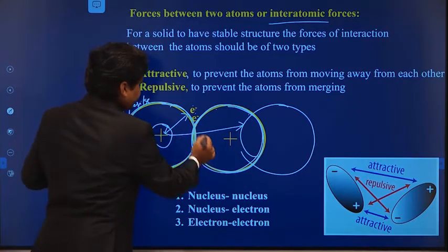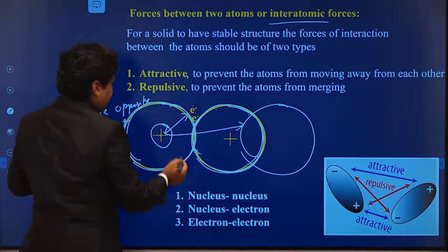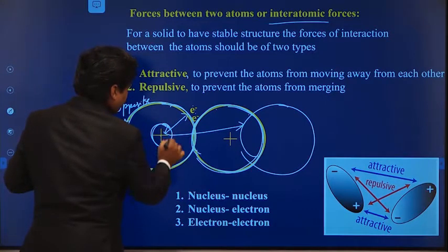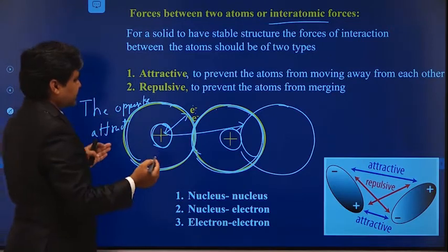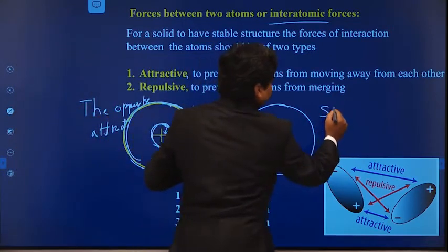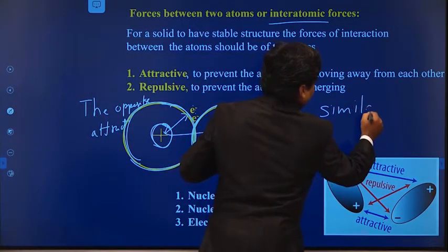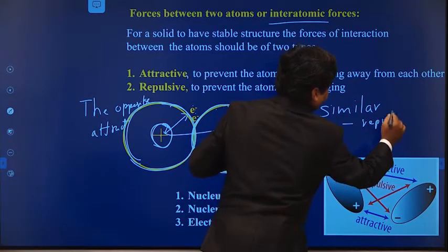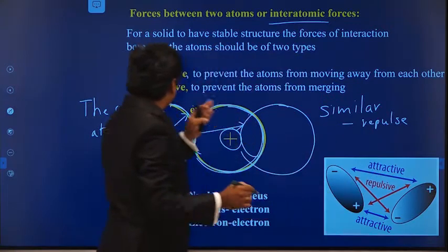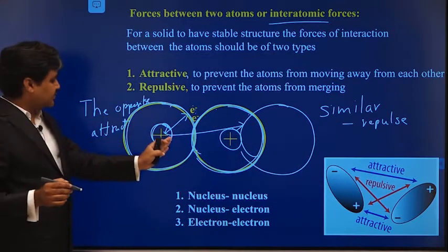Due to this there will be some repulsive forces. And here we have positive charge and here also we have positive charge. Similar charges always repel, and opposite charges always attract. So due to this there will be attractive forces as well as repulsive forces.